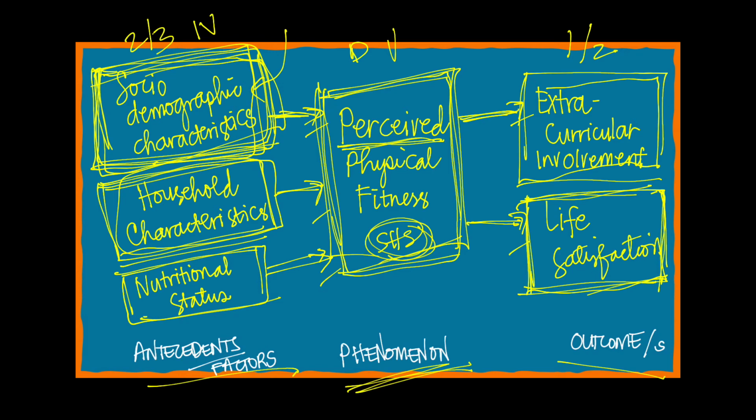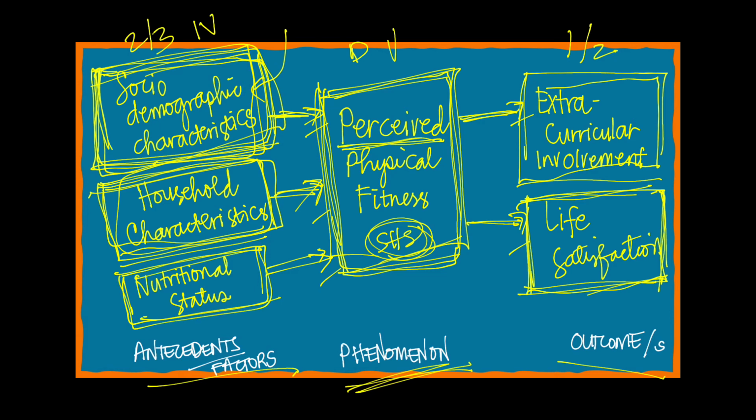So we are assuming that certain age or certain sex or gender or certain economic status have an influence or can be attributed to perceived physical fitness. Same thing with household characteristics. They are causes of physical fitness or attributed to physical fitness, and then also nutritional status.